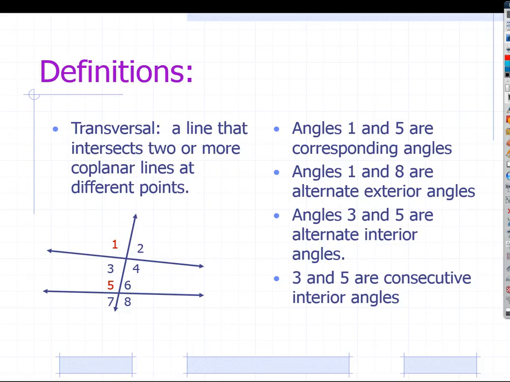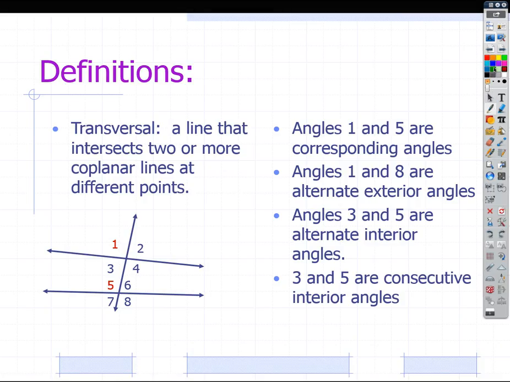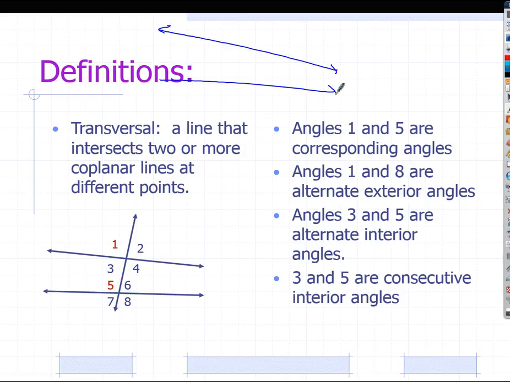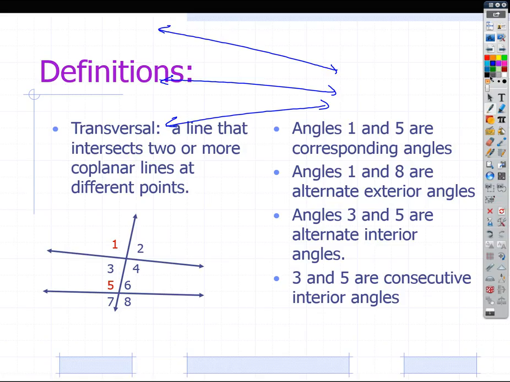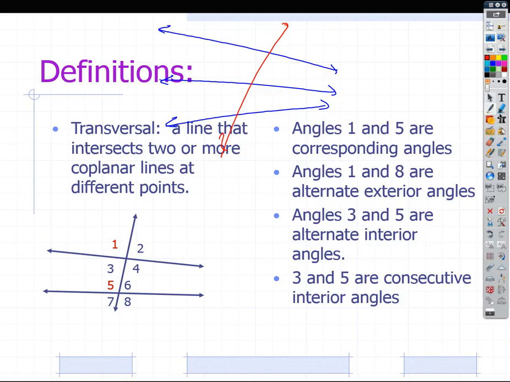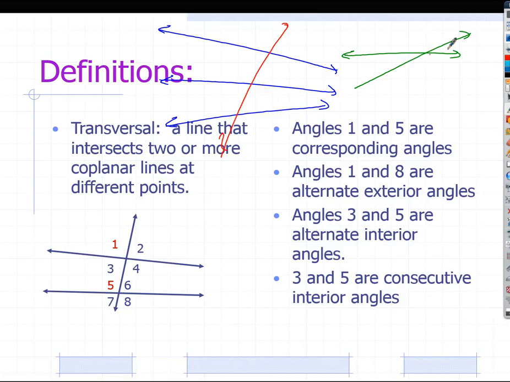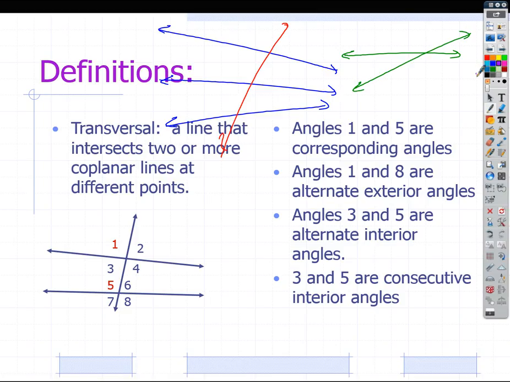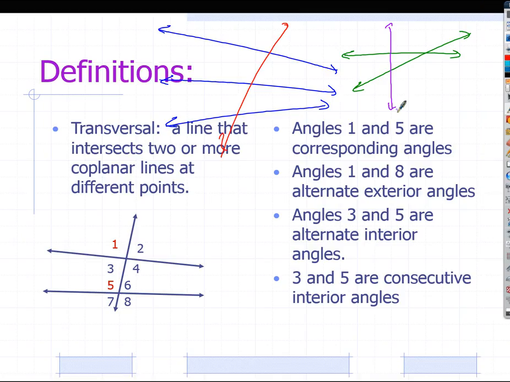And it would look something like this. Is this an example of a transversal? So what if I drew... is the red line a transversal? Yes. Yeah, it is. Okay. Is the purple line a transversal?